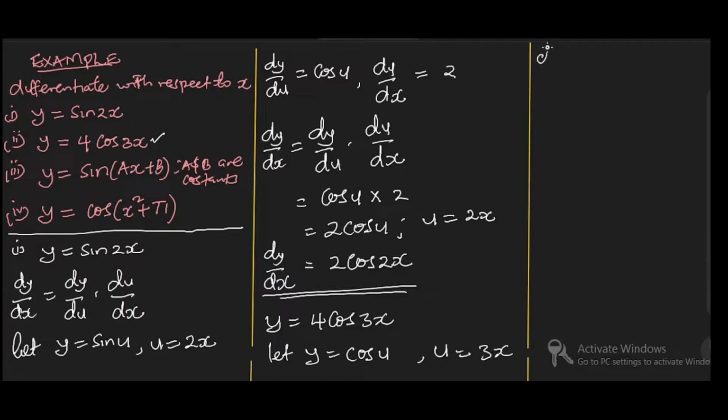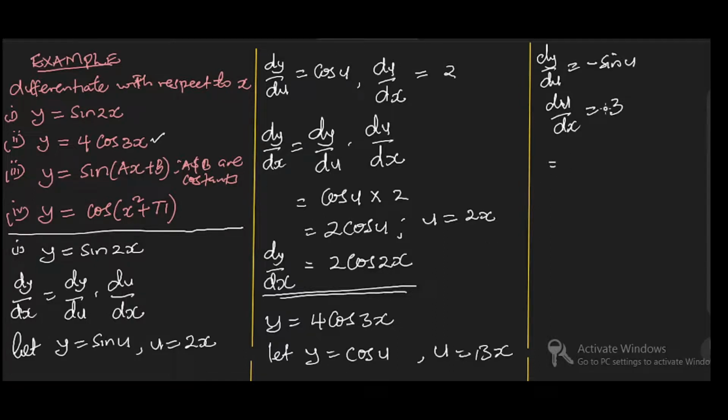So dy/du will be equal to, when you differentiate cos, we said we get negative sine u. Then when you differentiate 3x, du/dx will be equal to 3.